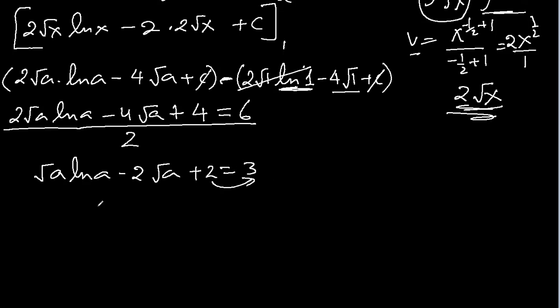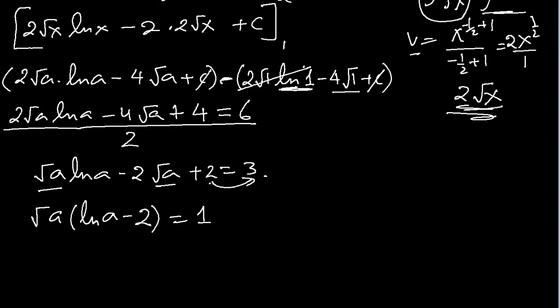This 2 will go to the other side, and we can take square root a common in these two. So we're left with ln a minus 2 only, right? And this 2 goes to the right side, becomes 3 minus 2, which is 1.